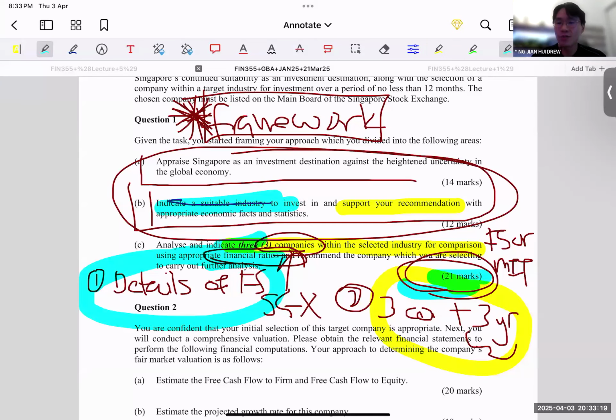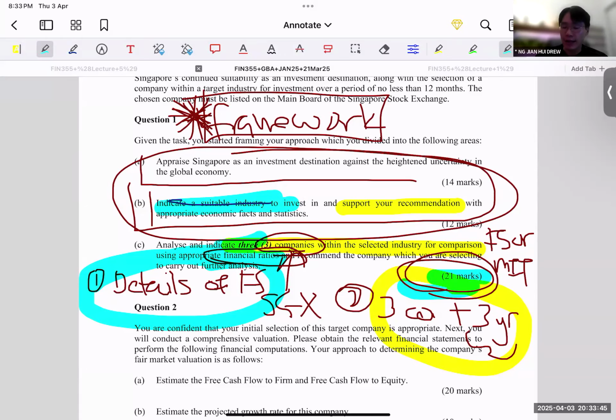So if you want to talk about digital finance, you can, but then you need to choose other companies, not your DBS and this kind, because yes, they are going into fintech, but they are not fintech players. So it becomes very hard to compare if you are talking about the fintech industry. But if you choose companies like DBS and you talk about the general banking industry, that's fine.